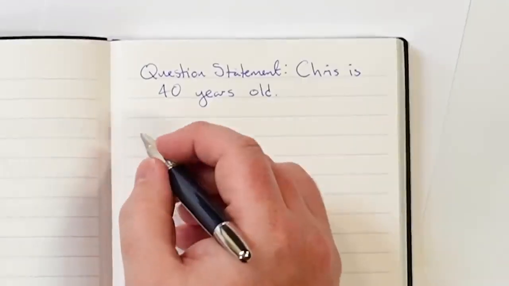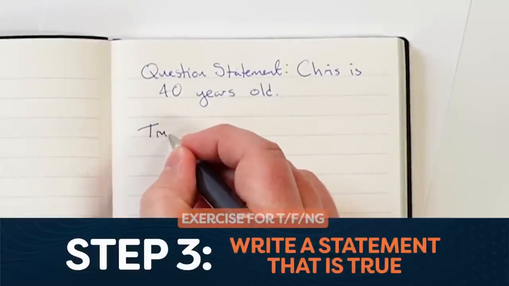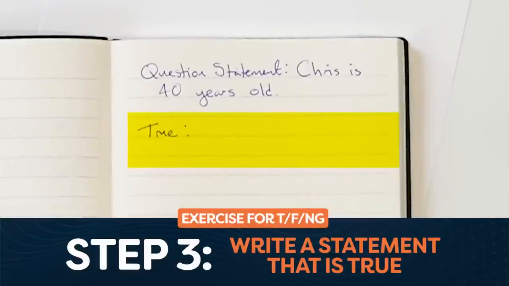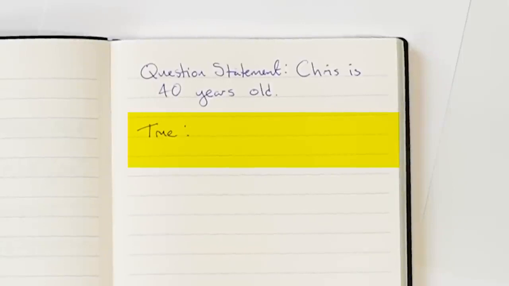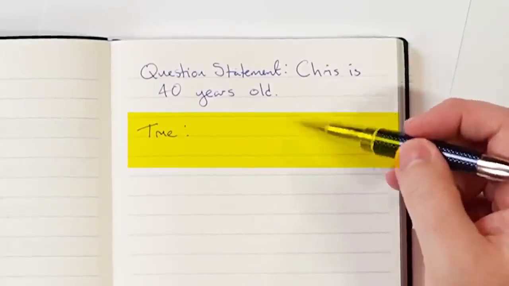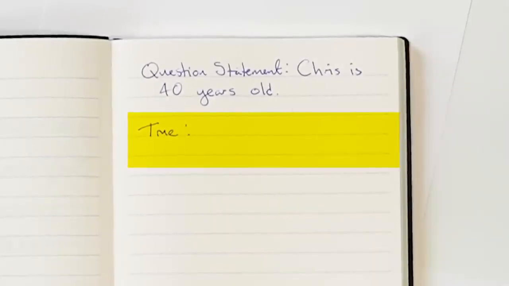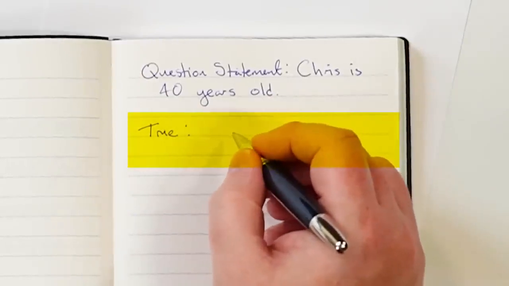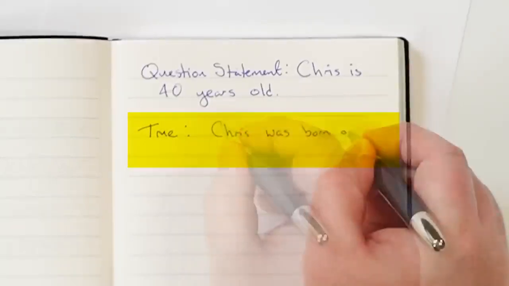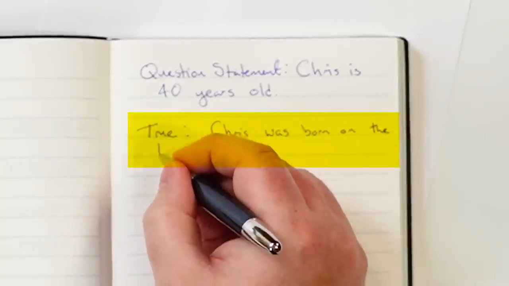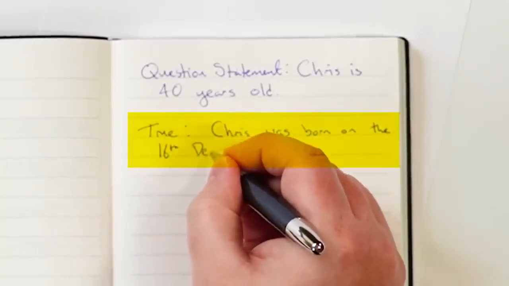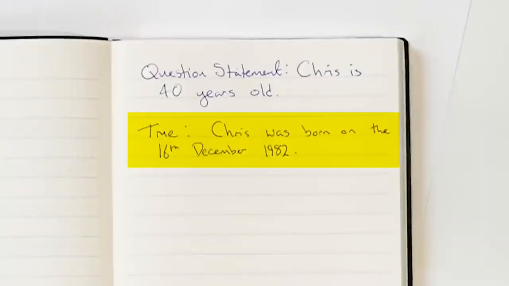What we're going to do now is write a statement, the text, that is true, all right? We're going to write a true statement that matches this fact. So I am going to write, Chris was born on the 16th of December, 1982.